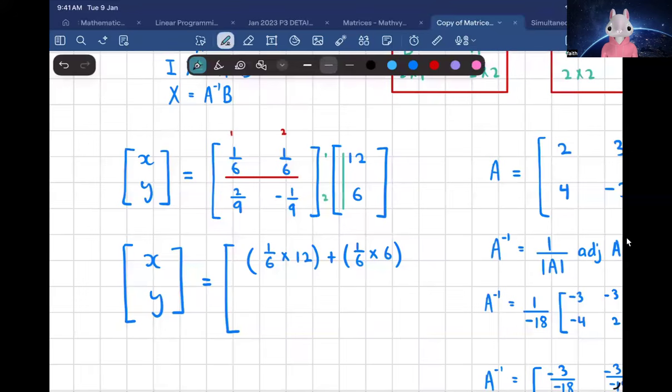Can somebody tell me what to write in the next line? 2 over 9 by 12. Yes, 2 over 9 multiplied by 12, plus negative 1 over 9 by 6.